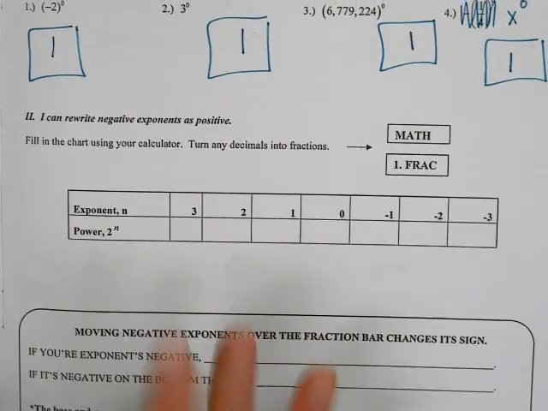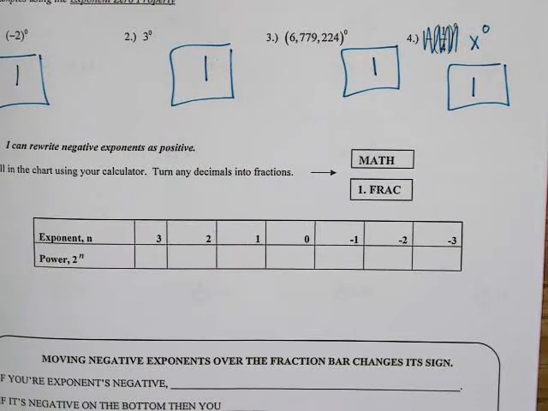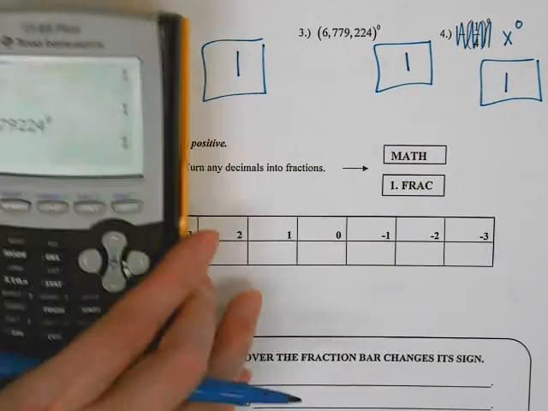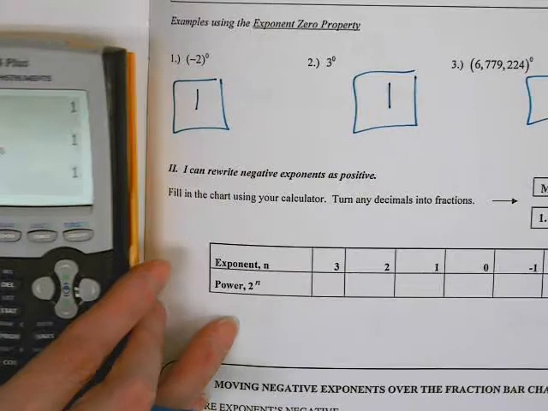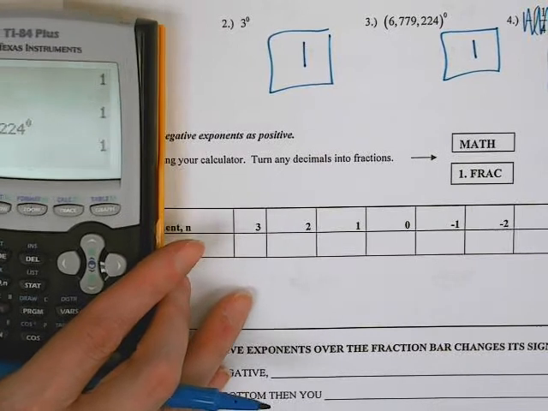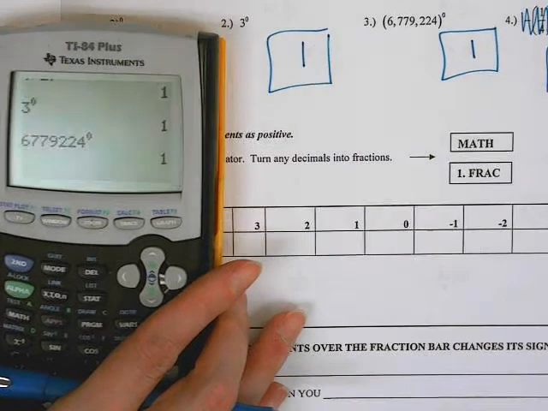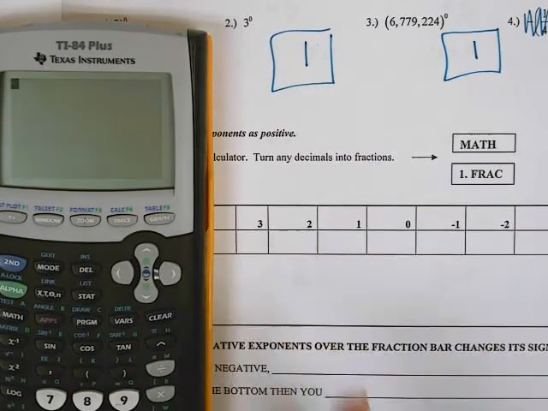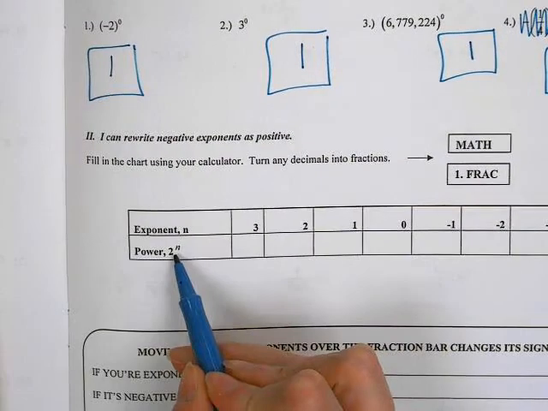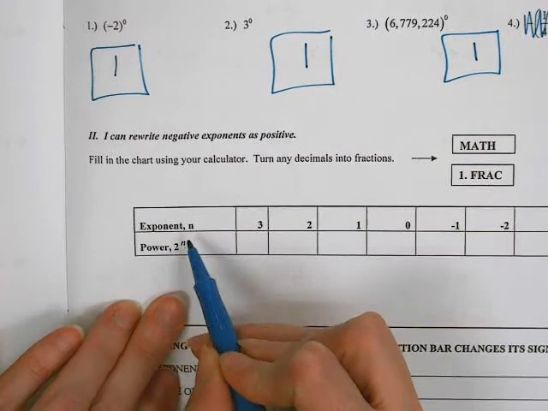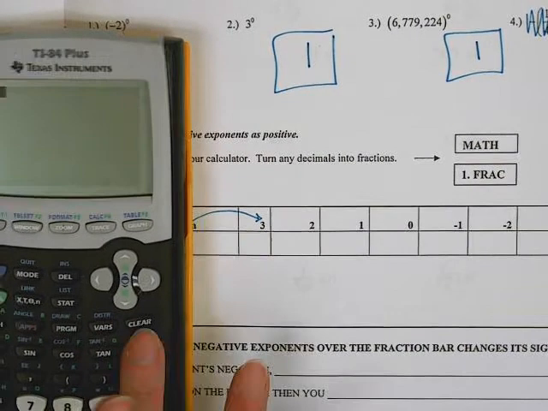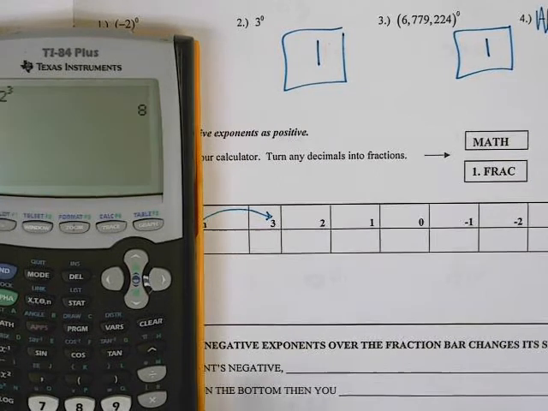Moving down, now this is the hard one: negative exponents. I need you guys to take out your graphing calculator. I want you to do 2 to this power. What's 2 to the 3rd power? 8.